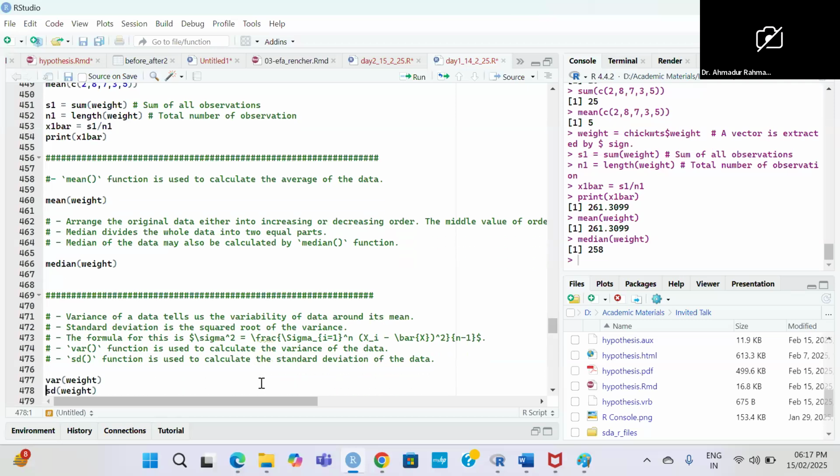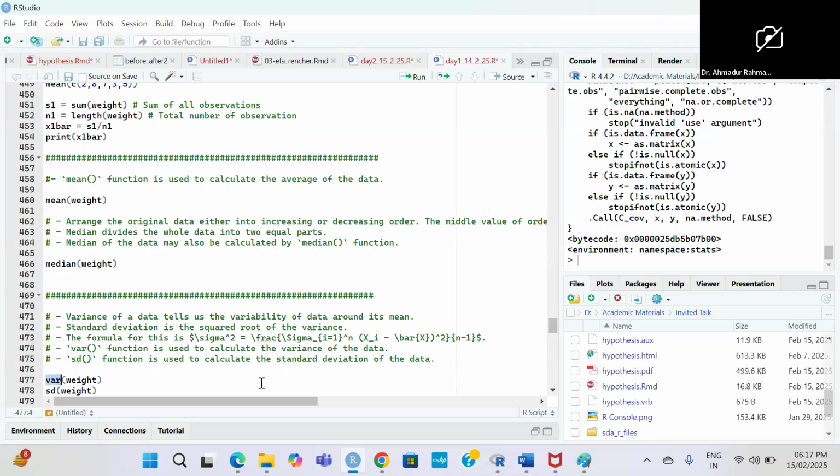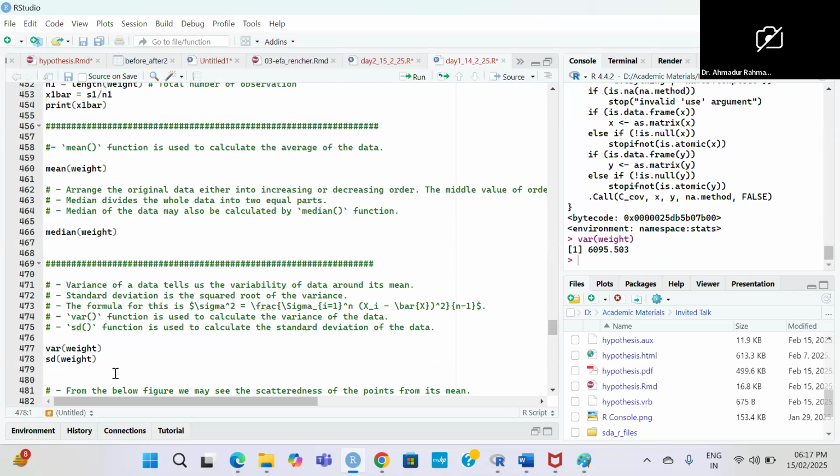The variance of this weight can also be calculated by the simple function var and then weight. So variance is the var, sorry, मैंने सिर्फ हाईलाइटेड पार्ट रन कर दिया. अगर आपने हाईलाइट कर दिया जितने पार्ट को, सिर्फ वही पार्ट रन होता है. So var of weight is 6095.503, and standard deviation of weight, standard deviation is the square root of variance.